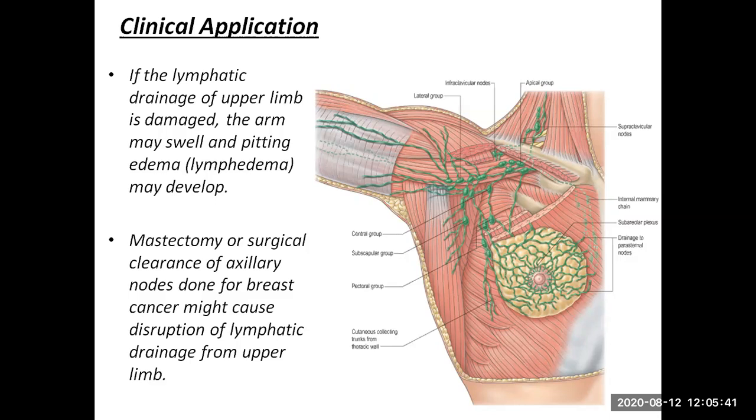It's not that it will always cause it, but it might cause disruption of lymphatic drainage from the upper limb, because all the interstitial fluid as lymph circulates in the lymph vessels through the lymphatic organs. They are just circulating.